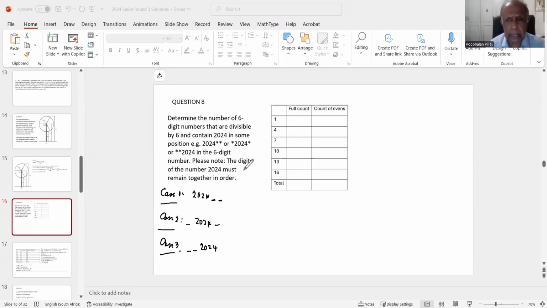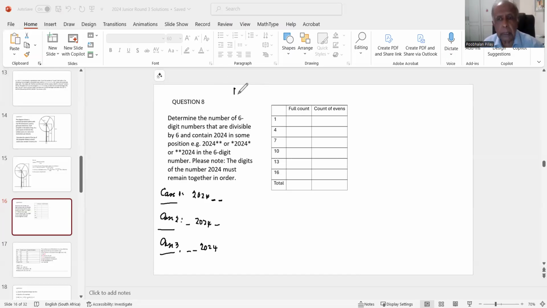Now, what is the question? It says, determine the number of these which are divisible by 6. Okay? So you want all these numbers to be divisible by 6. Now, a number is divisible by 6 if it's divisible by 3 as well as by 2. Sometimes the writing is so atrocious, I myself don't understand it.